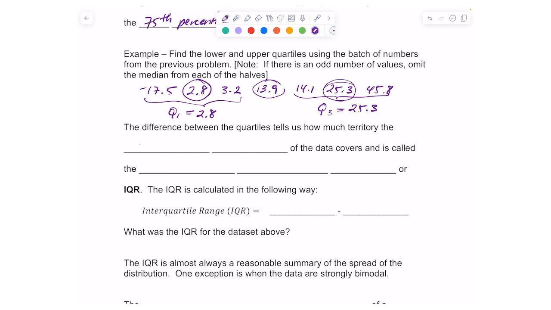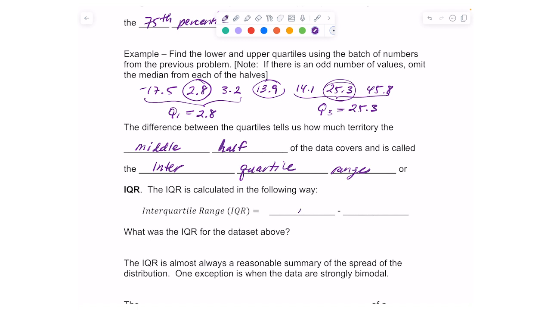If I was to find the difference between the quartiles, basically what it's doing is giving me the middle half of the data, that middle 50% we talked about. And it has a name. It's called the interquartile range. For short, we just call it the IQR. The IQR is calculated in the following way. We know range means subtract, and inter means between the quartiles.